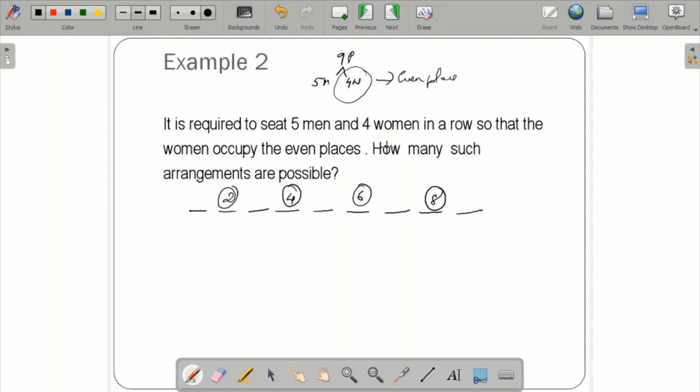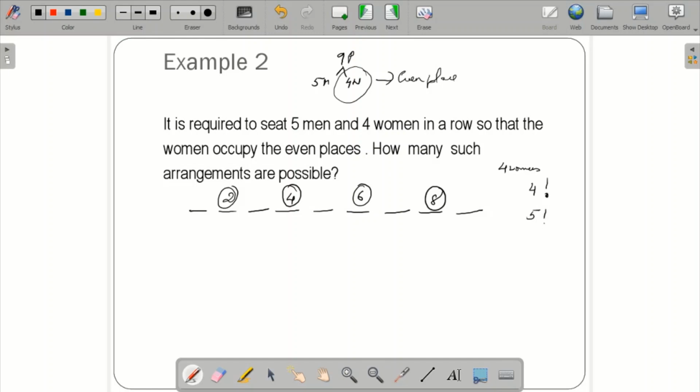So in these even positions 4 women can occupy. If you see over here, 4 women can occupy 4 places. In how many ways? Considering they are sitting in even places itself, it is 4 factorial. Remaining places are obviously odd, so 5 men can be seated in 5 odd places.